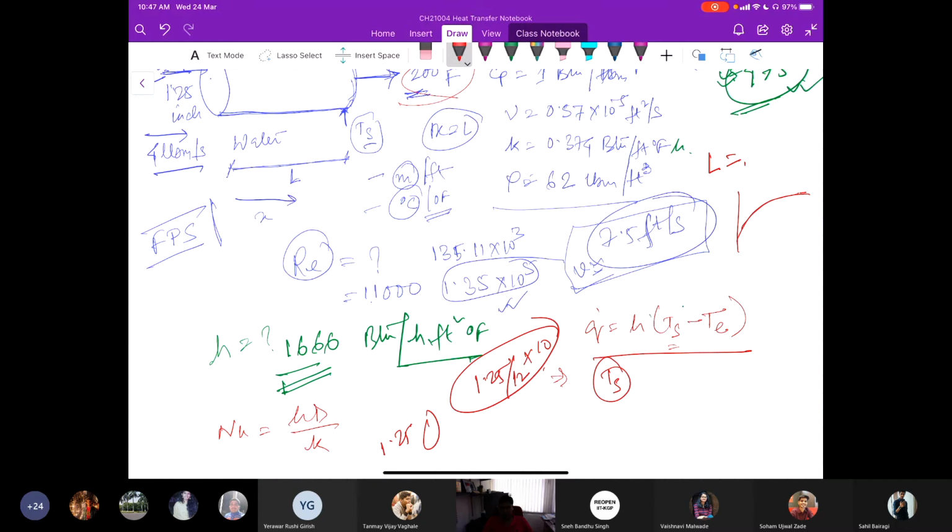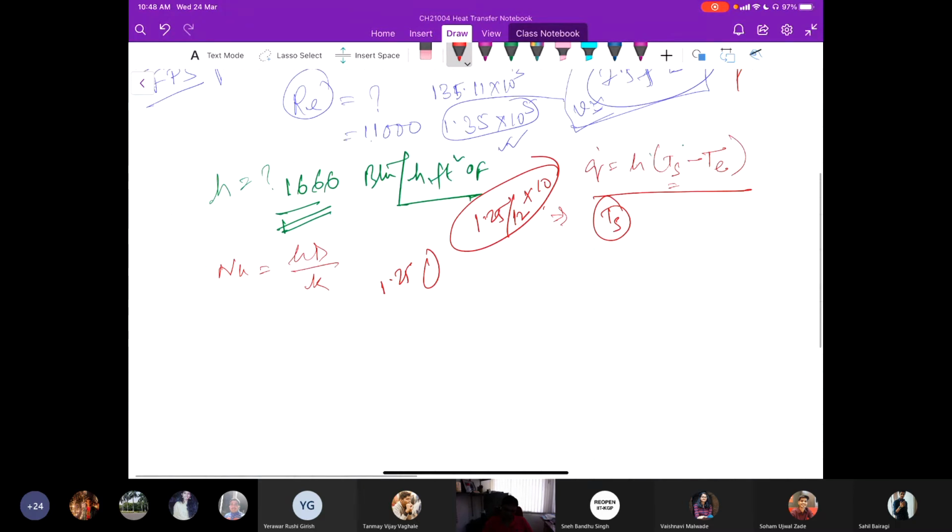Now, when we see that the Reynolds number is higher than 10,000, we consider it as fully turbulent flow, because the transition zone is way lesser than that. So once we have it more than 10,000, we consider it as fully turbulent flow.